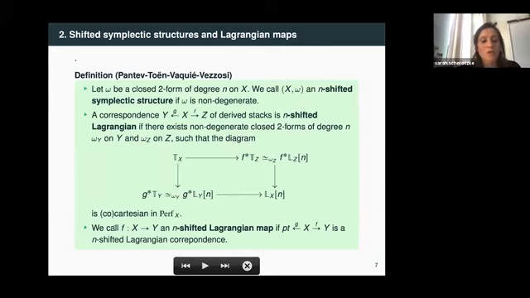Okay, we can also then say what it means for a map to be n-shifted Lagrangian. Beforehand, we defined a Lagrangian subspace as a half-dimensional subspace of a symplectic space on which the form vanishes. And here we will just use the definition of correspondence.